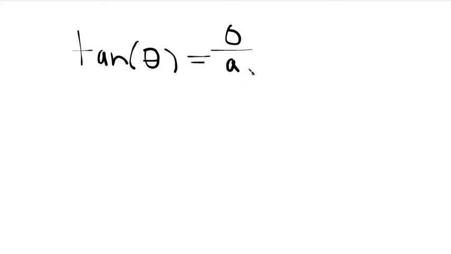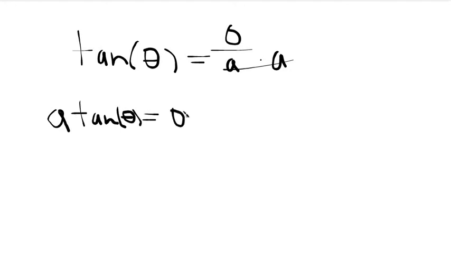If we know the adjacent side and we're trying to solve for O, we multiply by A, which cancels out. So O is equal to A multiplied by tangent of theta, which would give us the opposite side. That easy. It can be done with basically anything.